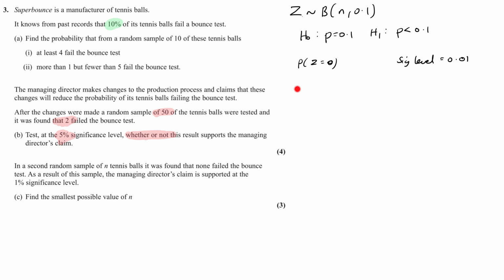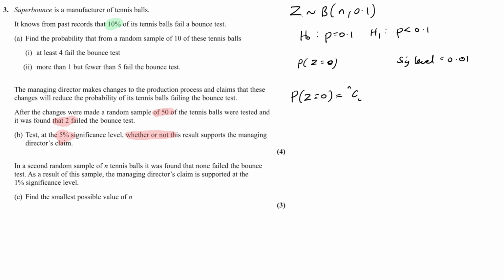Okay, so this is going to be the nCr. That's going to just be 1 anyway, isn't it? Then it's essentially going to be 0.9 to the power n.